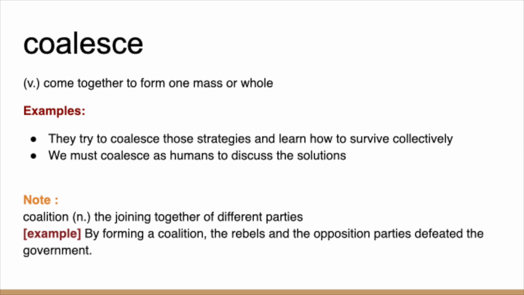By forming a coalition, the rebels and the opposition parties defeated the government. So it basically means the rebels and the opposition parties come together, and together they form one big thing, and this one thing defeats the government. So here we can use forming a coalition, forming one big thing from many different things.